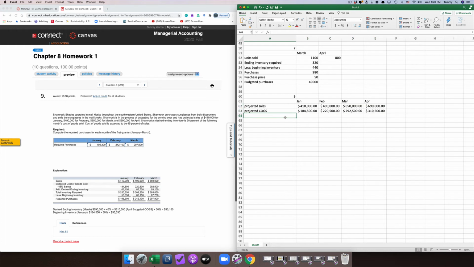Okay. So now our inventory needs, right? So in January, we have to have 30% of February's cost of goods sold. Right? So this is our ending inventory. So in January, we have to have 30% of next month's cost of goods.